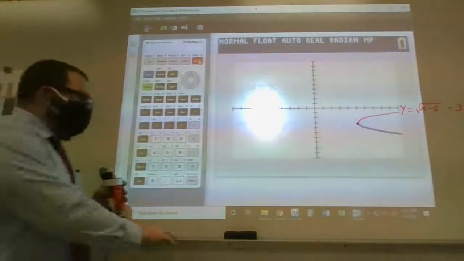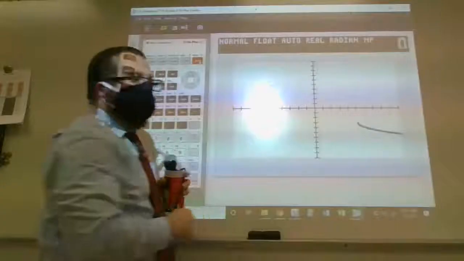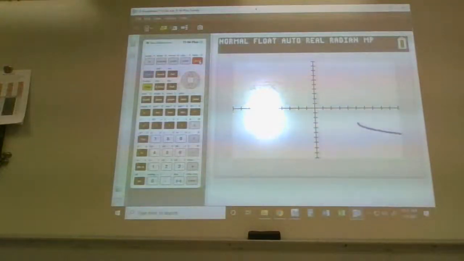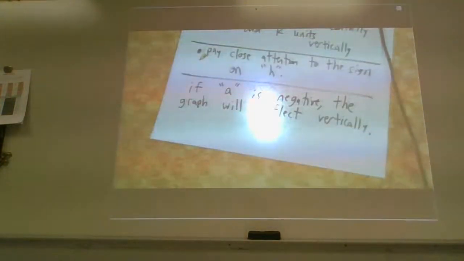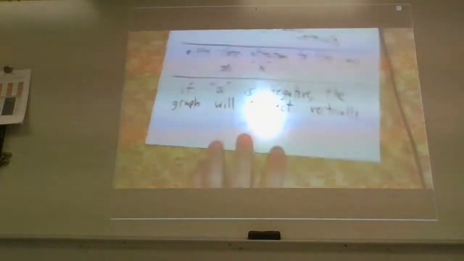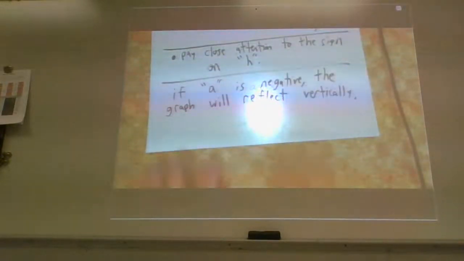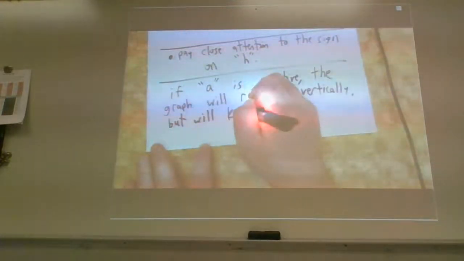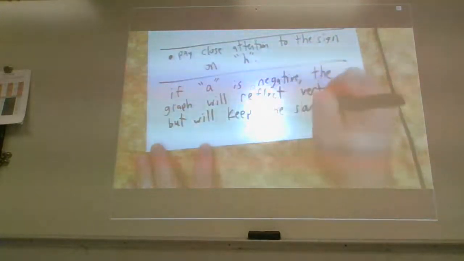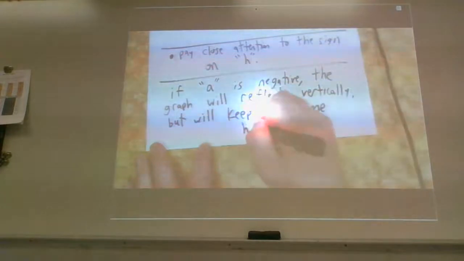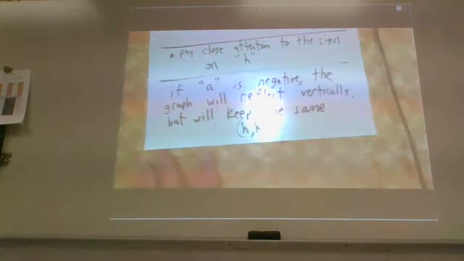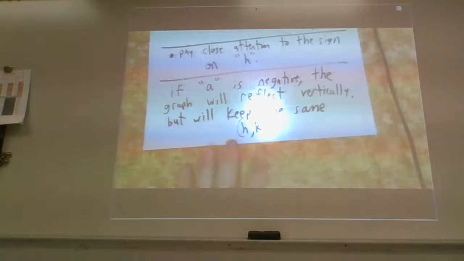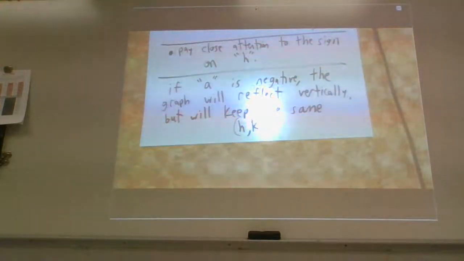Let me put that additional note into my notes. So if A is negative, the graph will reflect vertically, but will keep the same H comma K, even if that thing has been reflected vertically.